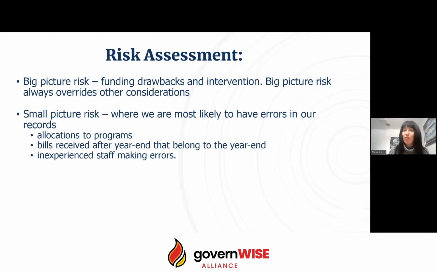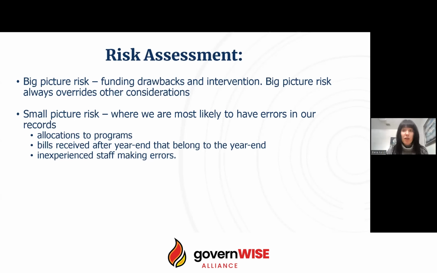And if we don't submit our audit for many years, which hopefully doesn't happen, but may happen, then we go into risk of intervention, right? Where the government may say your financial management isn't good, and we're going to force some help on you.